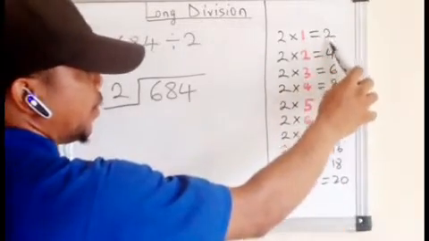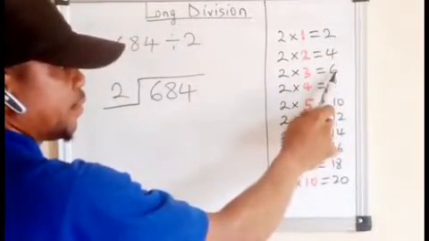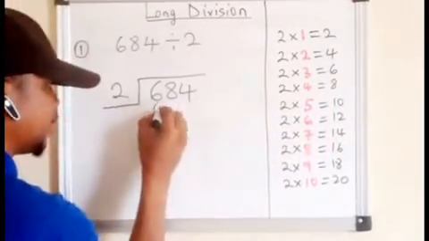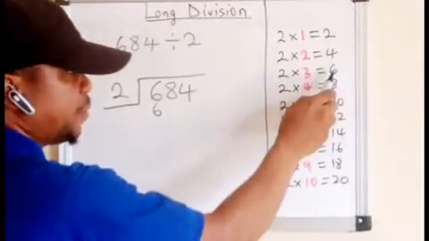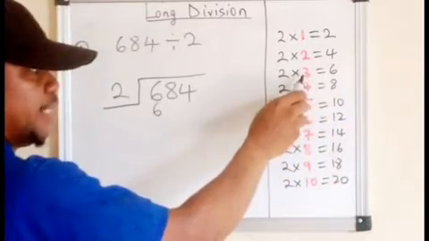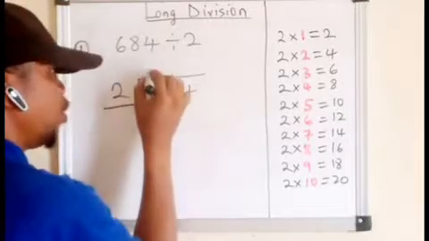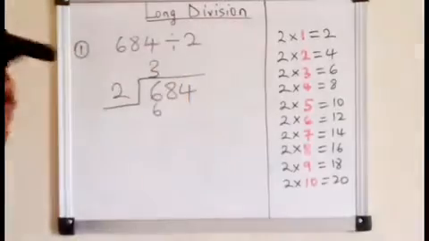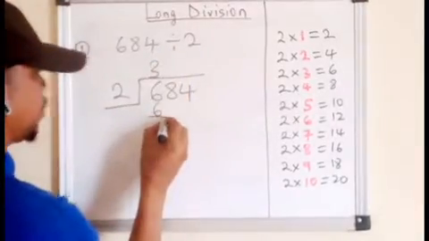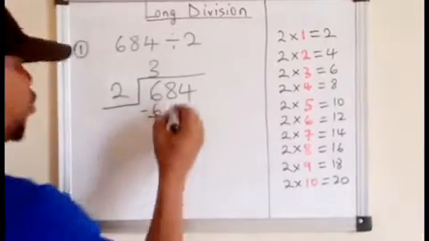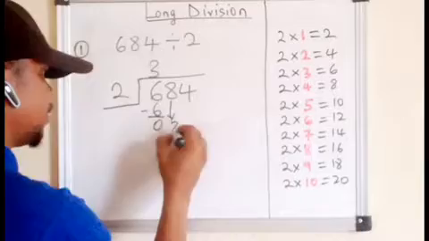We pick the 6 and write it down here. Then the middle number there, the red number in the middle, is 3. We write it on top. Then we close and subtract. 6 minus 6 is 0. We bring down 8.